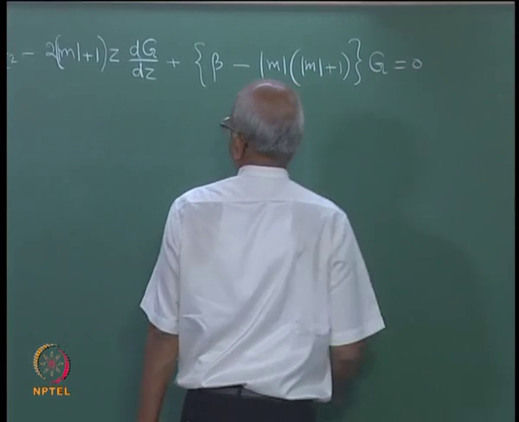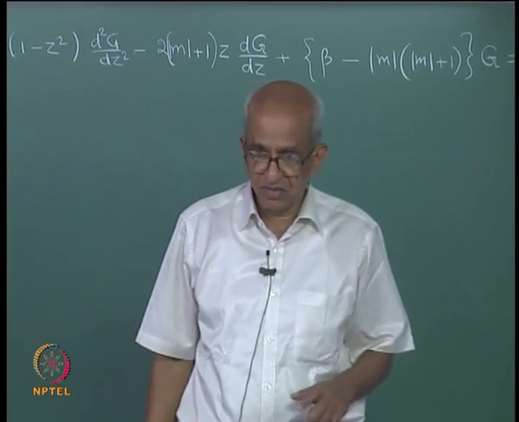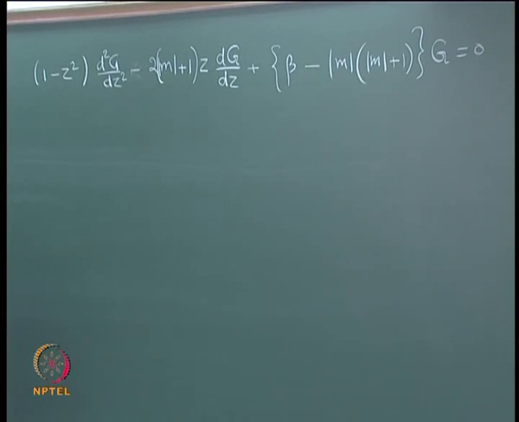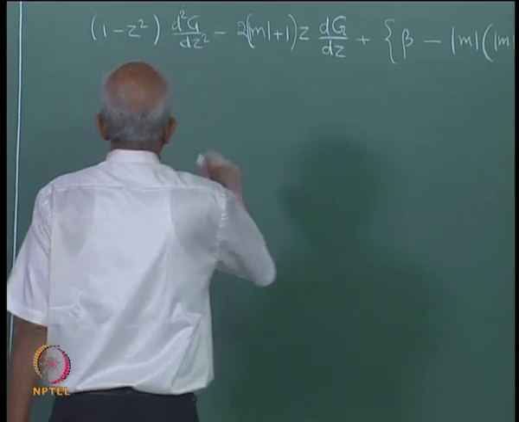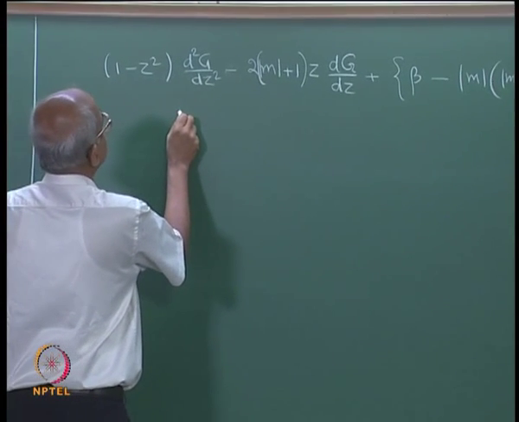So this is the differential equation, and we want to solve this, and we will make use of the series expansion, which will assume that G may be expanded as a power series.